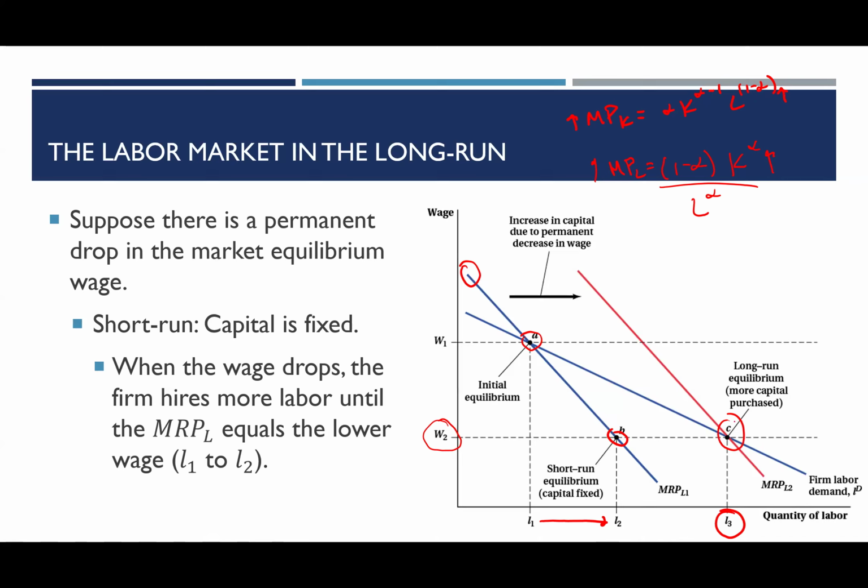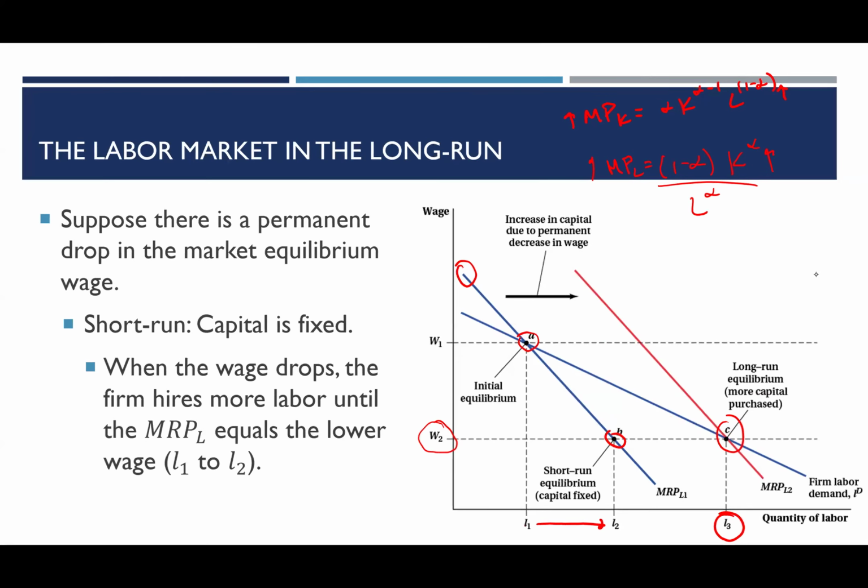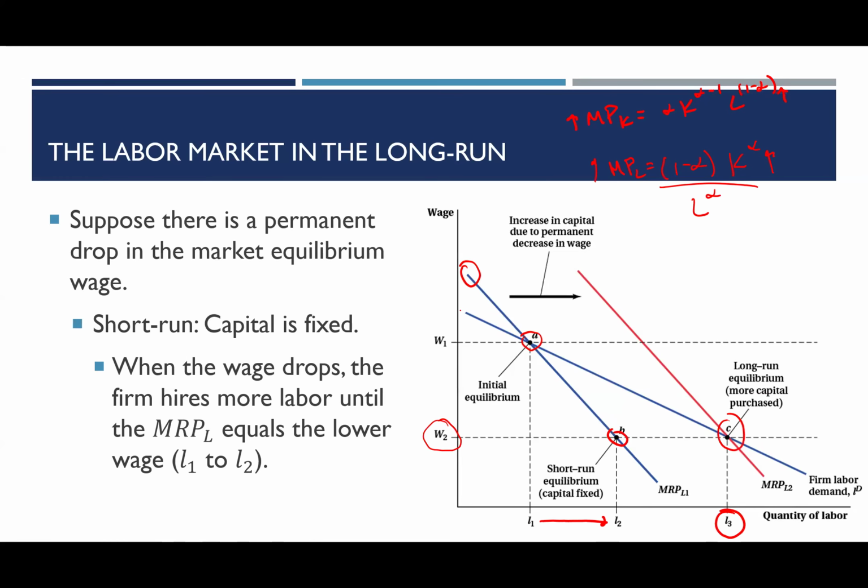And so what we can do is connect equilibrium A and equilibrium C to find the firm's demand for labor in the long run. And you can see that it has a flatter slope than the short run marginal revenue product curves that we drew for each stage of the adjustment.